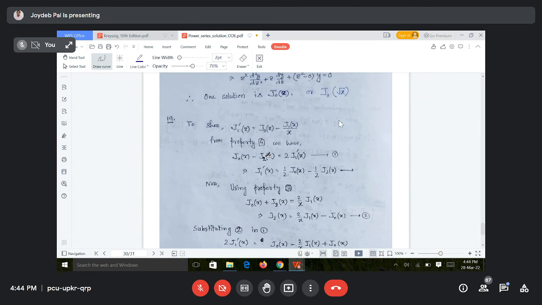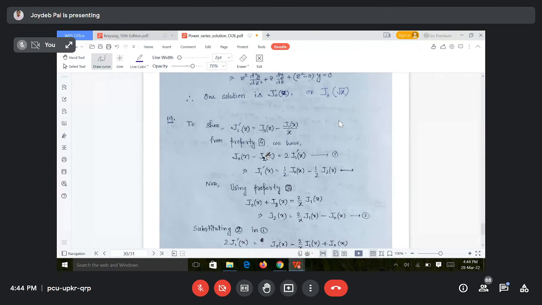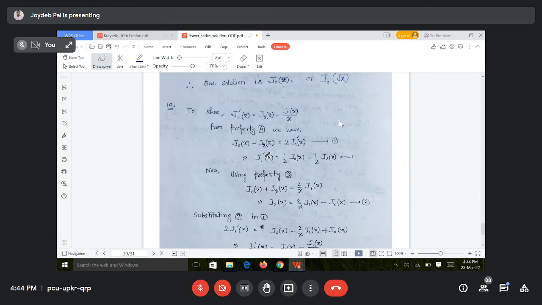Also, J1 dash x is equal to J naught minus J1 by x may come. To prove this, we use those four properties which we have proved earlier, properties 1, 2, 3, 4.